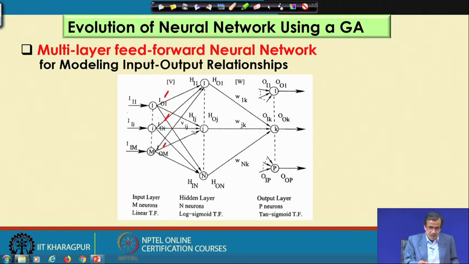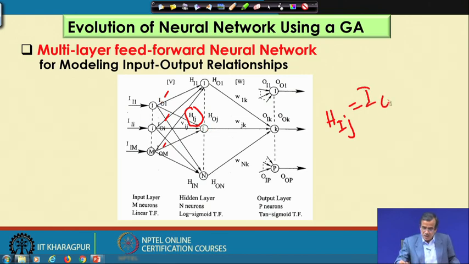Now, this h_Ij will be nothing but this output, that is I_O1, multiplied by this connecting weight, that is V_1j, plus a few terms.